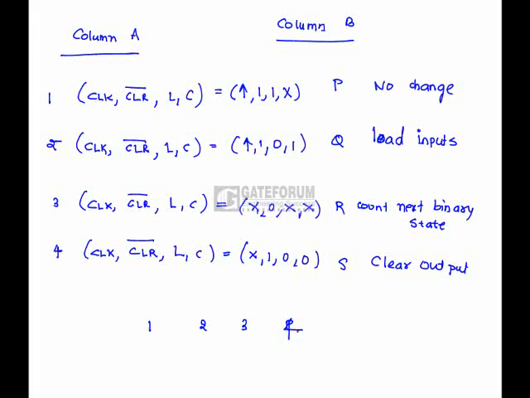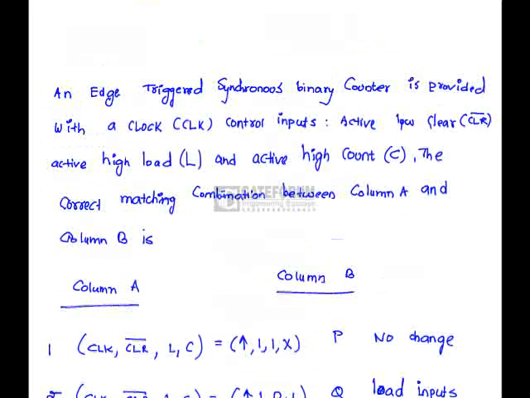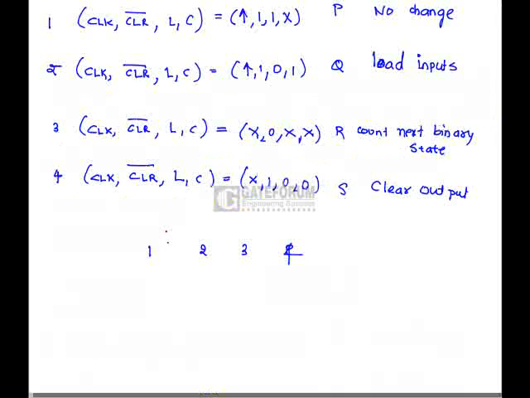Here the question is, an edge-triggered synchronous binary counter is provided with a clock, control inputs, active low clear, that is CLR bar, active high load L, and active high count C. The correct matching between column A and column B is, here clock is active.